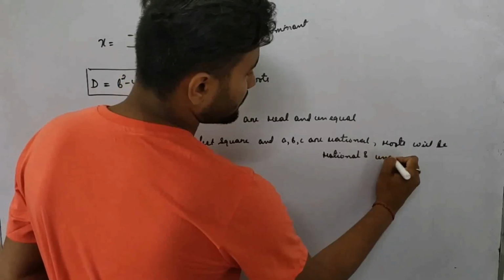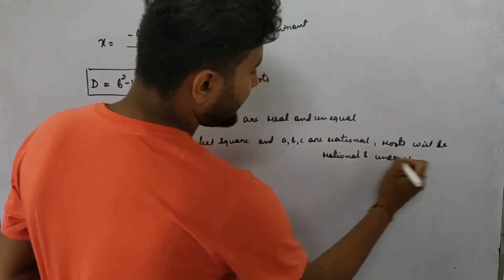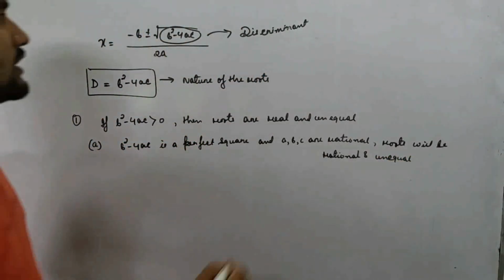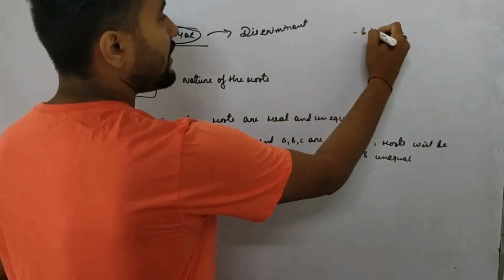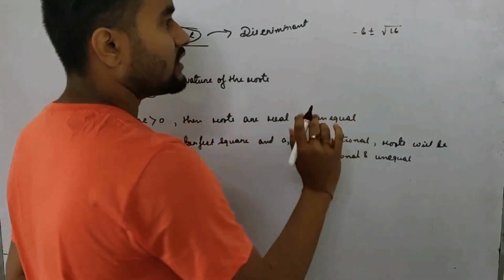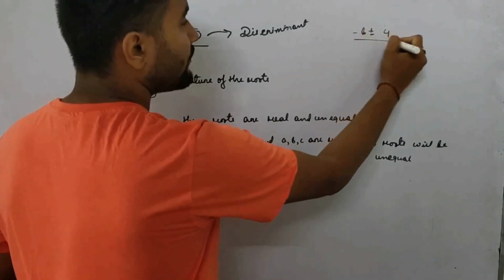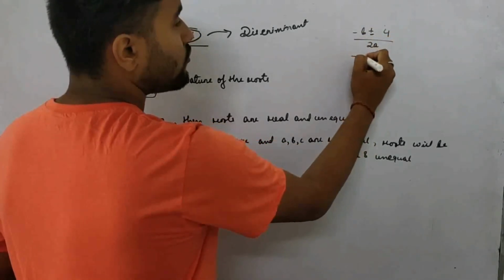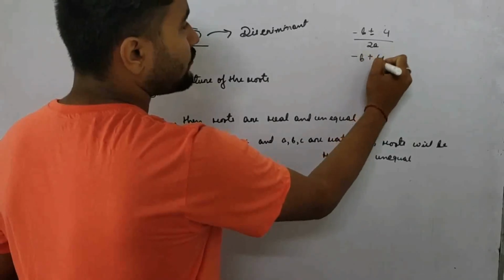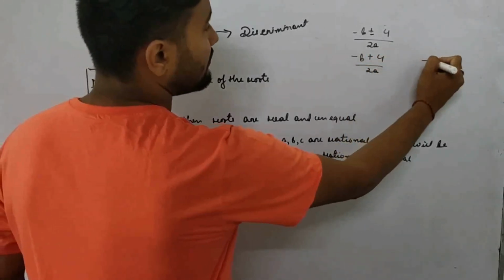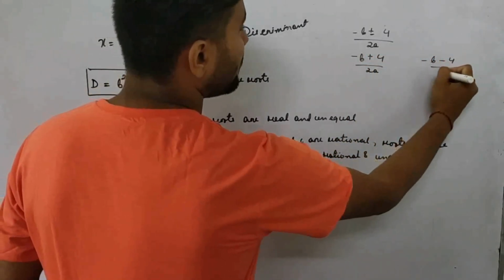Clearly they will be unequal, isn't it? Say minus b plus minus, say 16 is there, so it is a perfect square, then you will get 4 by twice a. So your one root will be minus b plus 4 by twice a, another one will be minus b minus 4 by twice a.